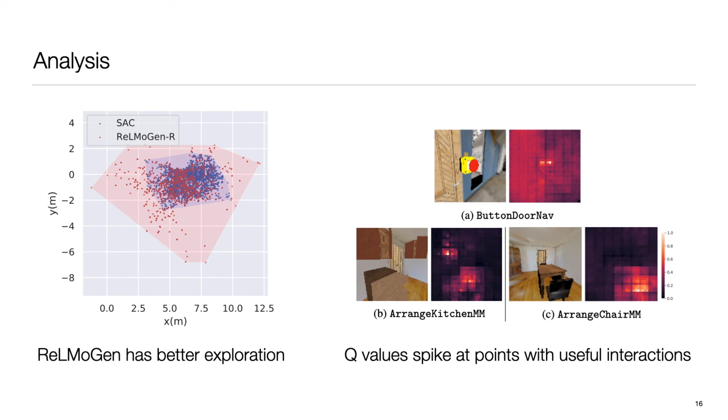Our method is able to explore better and covers a larger space than baselines at the beginning of the training. Our method is also very highly interpretable. The learned subgoals are semantically meaningful and indicate useful interactions. For more detailed analysis, please refer to our paper.